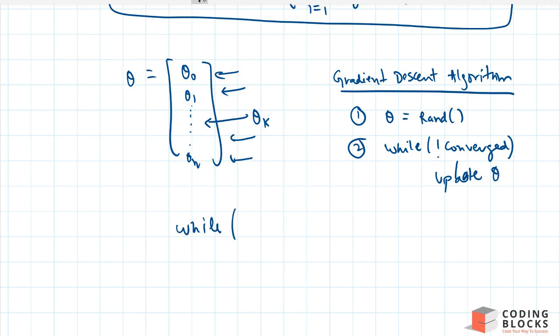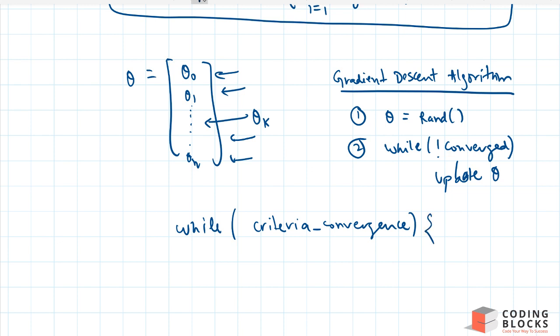Now you have to decide what the convergence criteria is. It could be that the change in theta is very small, or it could be that the gradient is very small. So the criteria of convergence is something we will decide. It again is an engineering question which you have to figure out.